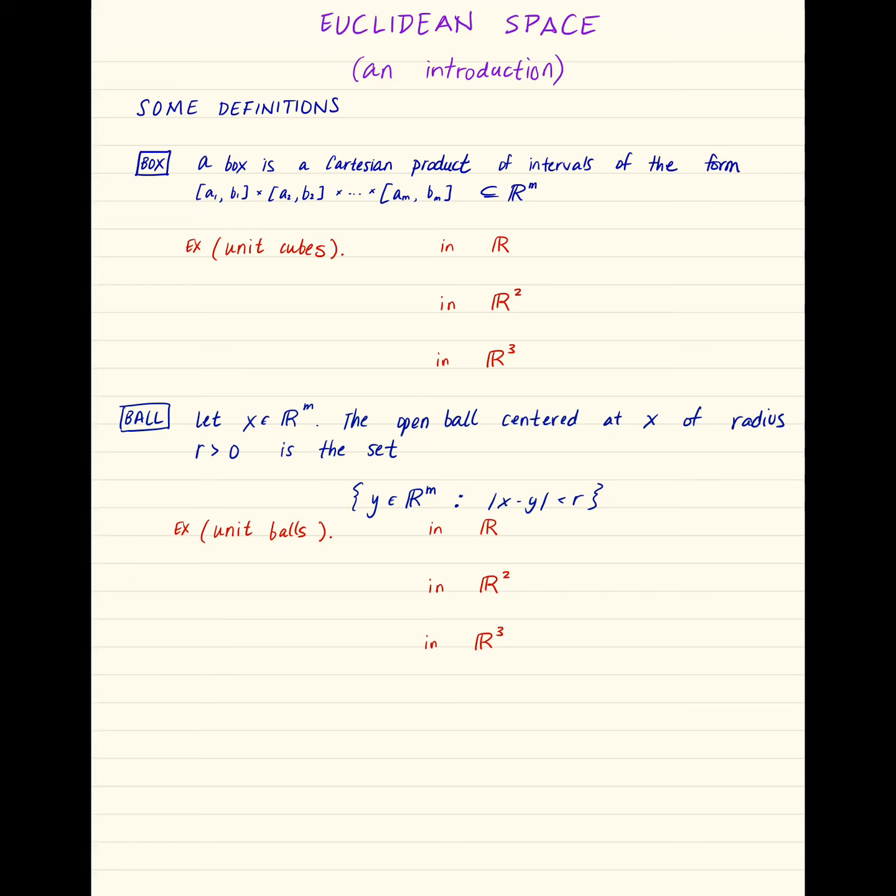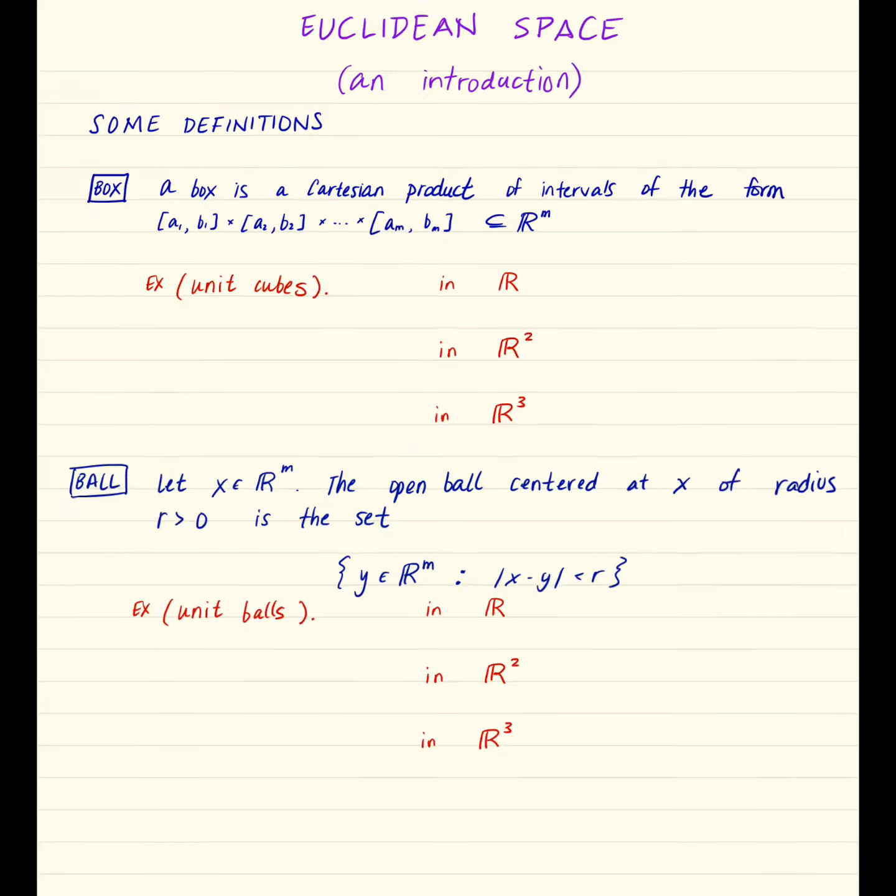Now, a box. A box is taking closed intervals and taking the Cartesian products of closed intervals in Rm. So let's look. What is the unit cube in R? So the unit cube in R would just be from 0 to 1, right? And we know what that would look like.